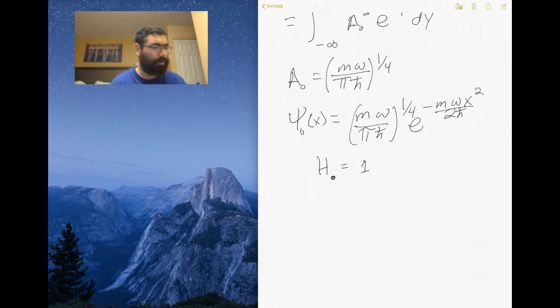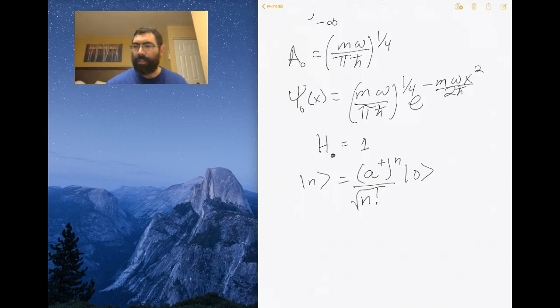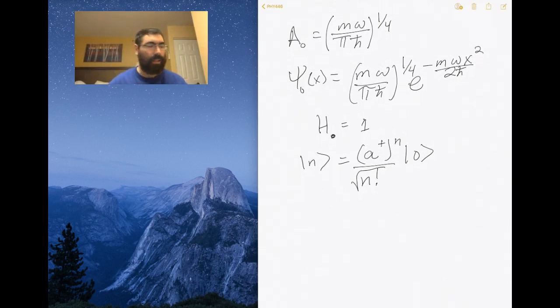If we want to get the wave function for the higher energy states, then we just need to use our raising operator. So we would just apply the raising operator n number of times, square root, to the ground state. And if we now project it onto the position basis, we get the wave function.